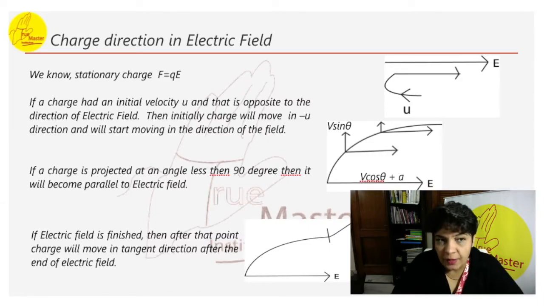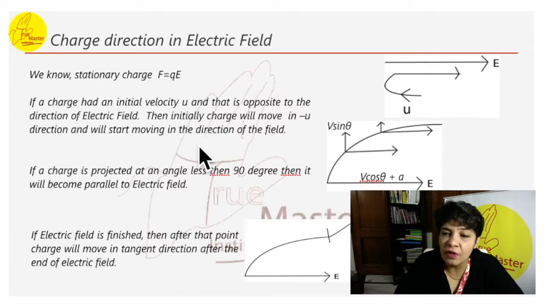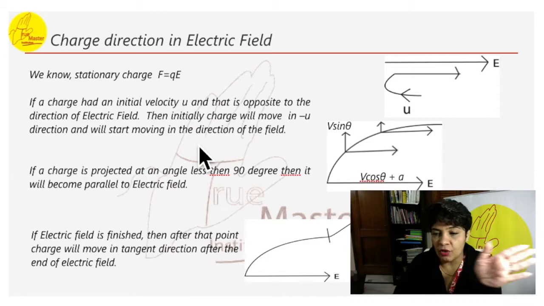Charge direction in electric field. Motion of a charged particle in a uniform electric field. In case a charge is stationary, we know the formula, force will be Q into E, that is charge into electric field. If a charge has an initial velocity, say U, that too in the opposite direction of the electric field.